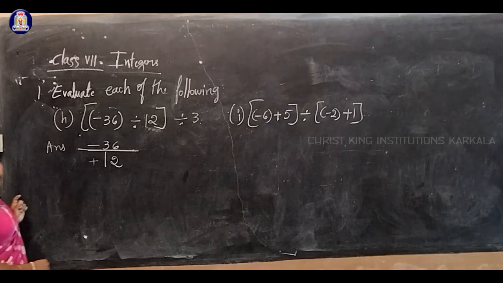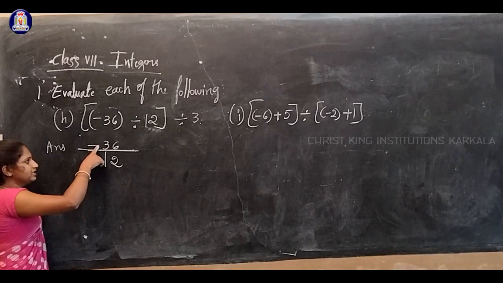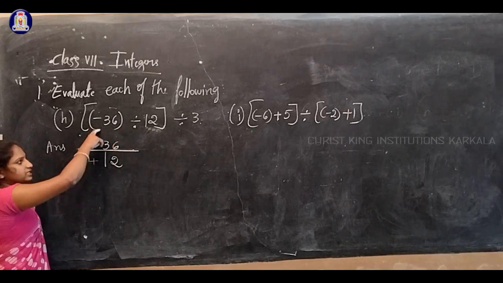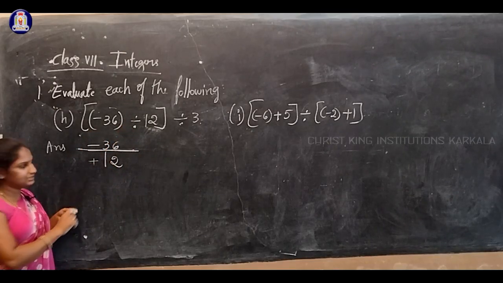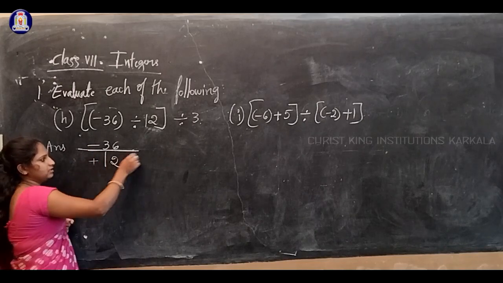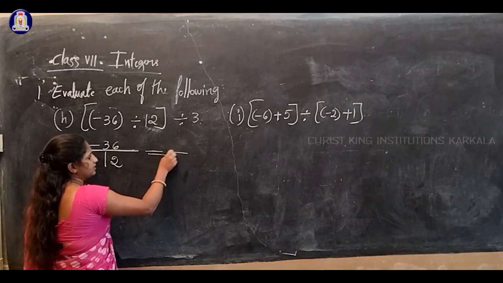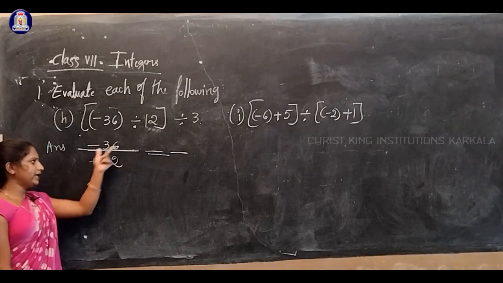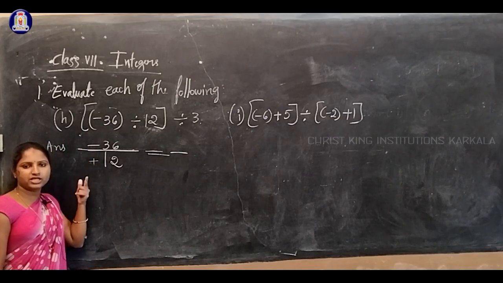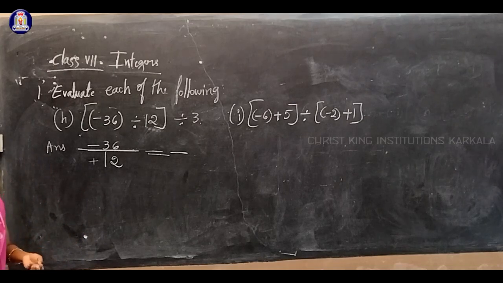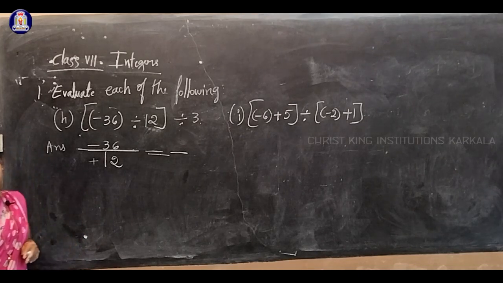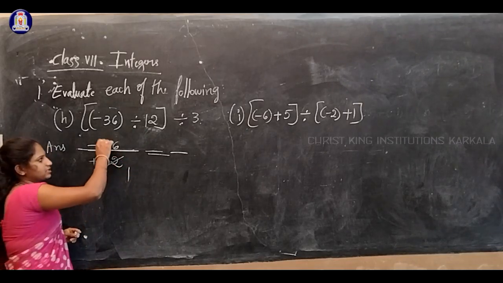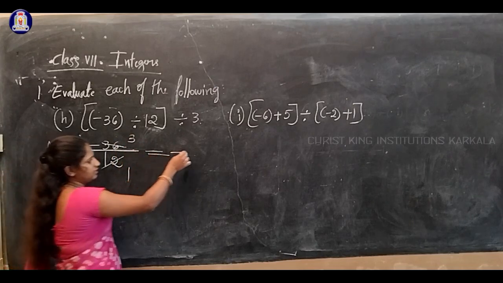So now see the sign here, minus, and here it is plus. In between, division is given. So 36 divided by 12. See the sign, minus plus, different sign, subtraction. 12 and 36 are divisible by the same table, that is the 12 table. 12 ones are 12. 12 threes are 36.